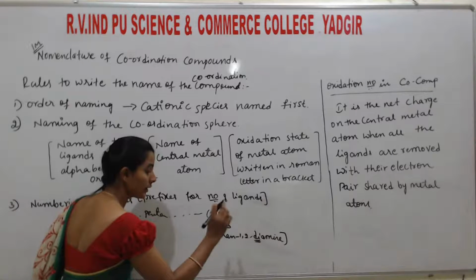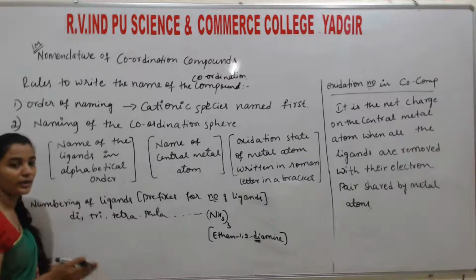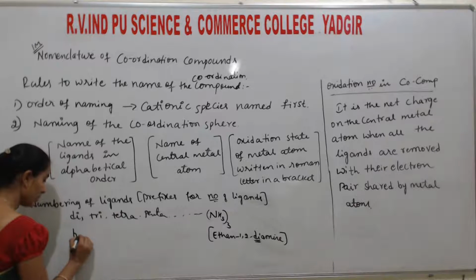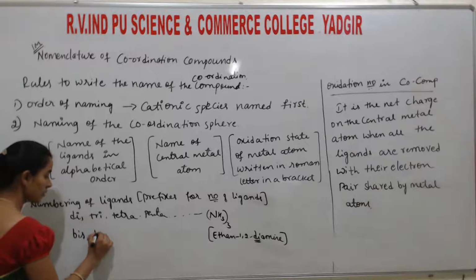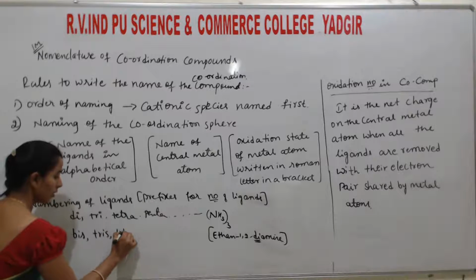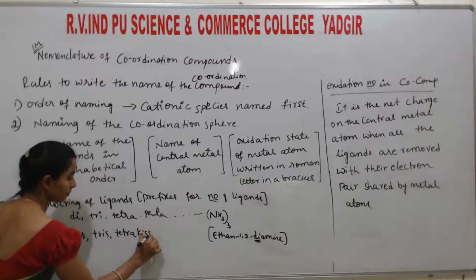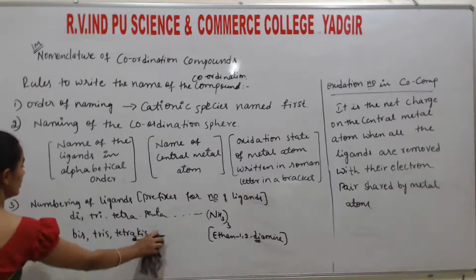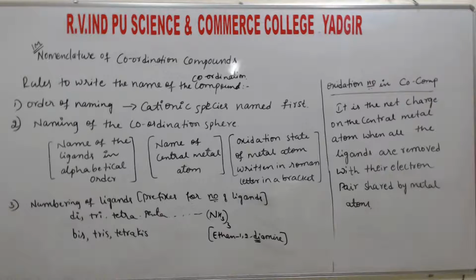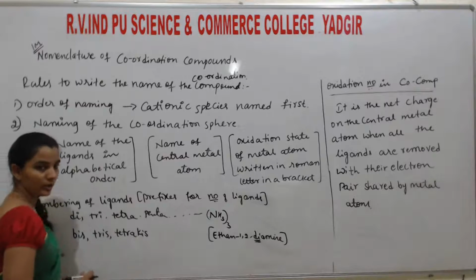If the ligand name already contains a prefix like di, tri, tetra, then it follows the bis, tris, tetrakis case.